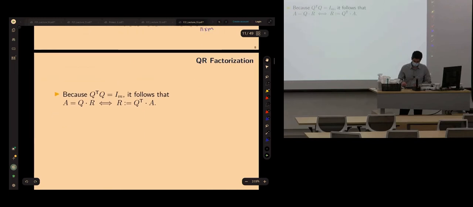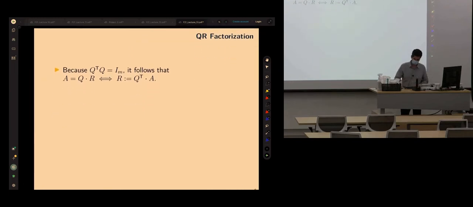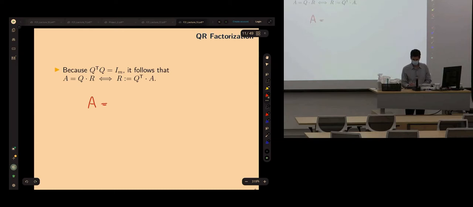Now, Q is orthonormal, so if you calculate Q transpose Q, you get the identity matrix of size M. So if I have Q, and I know A, it shouldn't be too hard to find R. I know A, I want A to be QR.